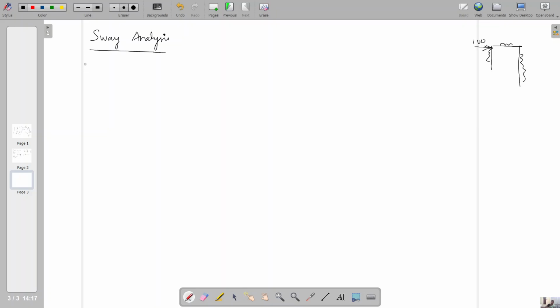Sway analysis. So joint, member, distribution factor, fixed end moment. Joints A, B, C and D; members AB, BA, BC, CB, CD and DC.